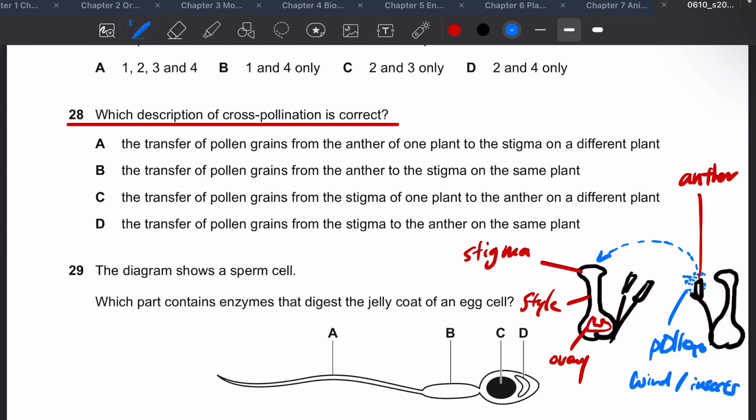So if this happens, that's called cross-pollination. If the pollen grains from the anther just travel to the stigma in the same plant or in the same flower, that's called self-pollination. This is self, and this is a cross-pollination. So hence the answer is A.